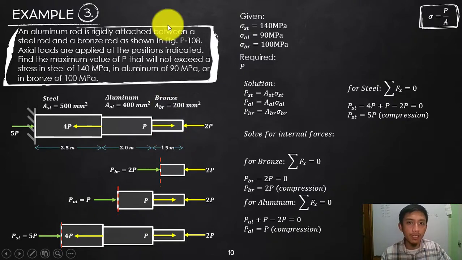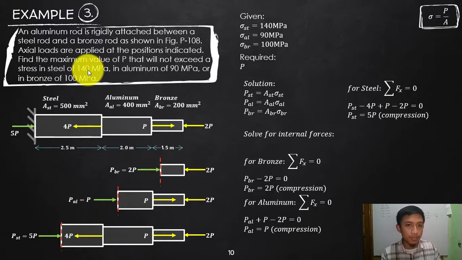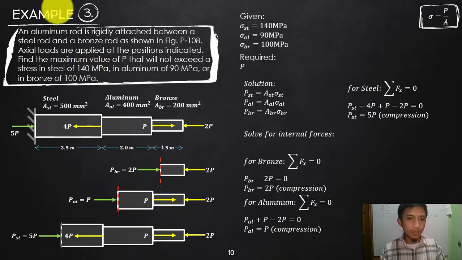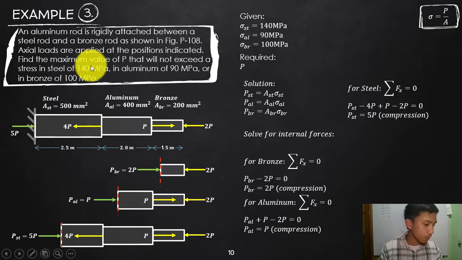But actually, it says there that it will not exceed. It means maybe that is the strength with respect to tension or with respect to compression. So it is not stated. So let's assume that this is both. If that is compression, then that is for steel, that is 140, even if that is tension. But in actual, for example, concrete is strong when it comes to compression force.